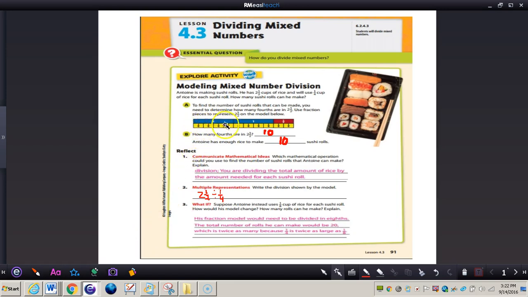Obviously, instead of fourths, it would be eighths. The total number of rolls that can be made would be 20, which is twice as many because 1/4 is twice as large as 1/8. Okay, so instead of 10 rolls, they would be able to make 20 rolls. I want you to write that down in your Go Math book on page 91.